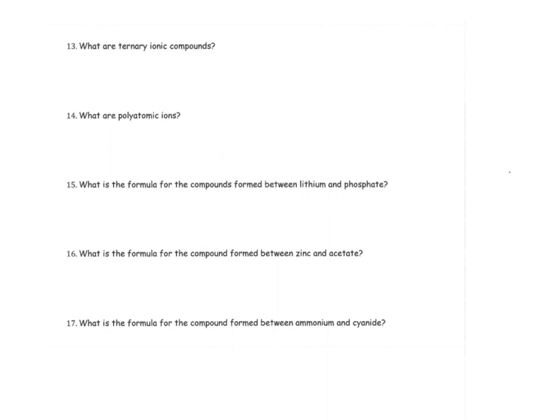So these tertiary ionic compounds have these polyatomic ions. So this is my cation here, and this is my polyatomic ion. If I look this one up on my sheet, it says that its name, OH, which has a -1 charge, is hydroxide, and it's bonded with this metal, sodium.